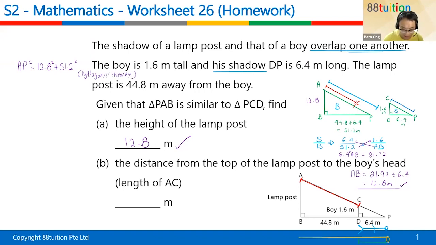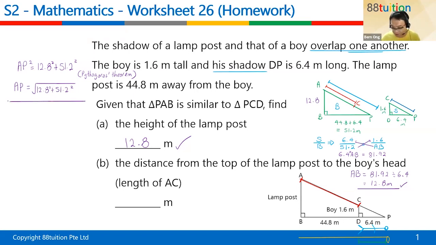If you use this theorem, they will ask you to write the words Pythagoras theorem. So AP squared is equal to 12.8 squared plus 51.2 squared. So AP will be equal to the square root of 12.8 squared plus 51.2 squared. I purposely don't solve it. I write it like that first, I purposely write it like that.